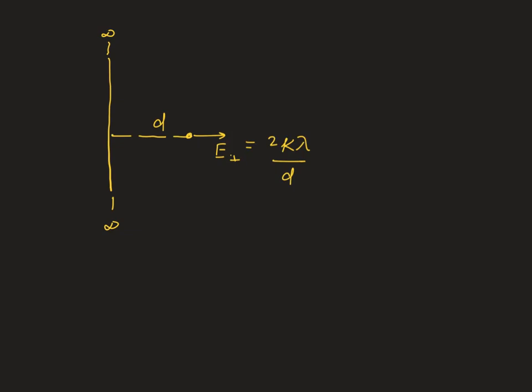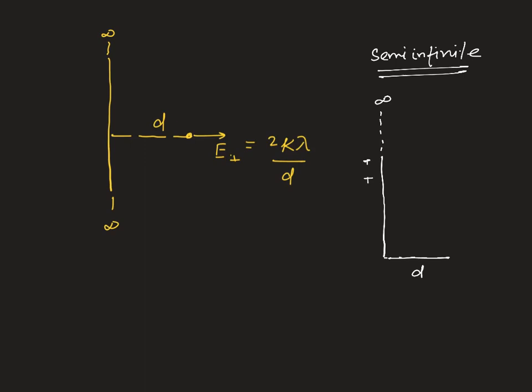Now what if the wire is semi-infinite? There are various implications to semi-infinite, but let's consider the simplest case first. The simplest case in semi-infinite is that point P will be in line with the lowest point on the wire.